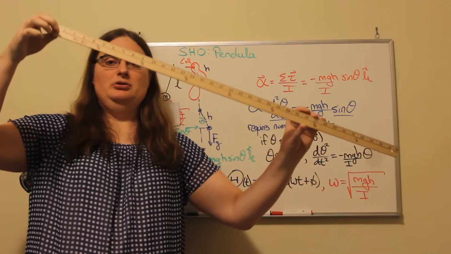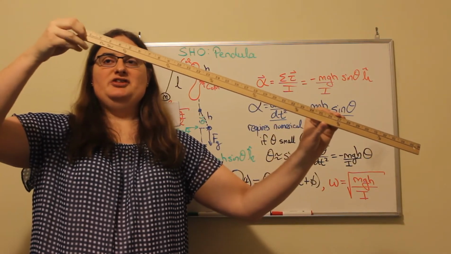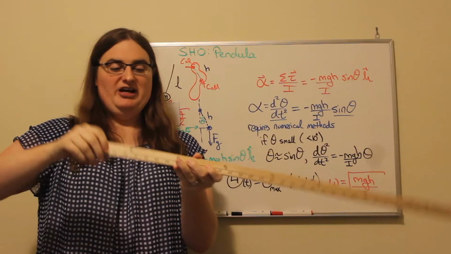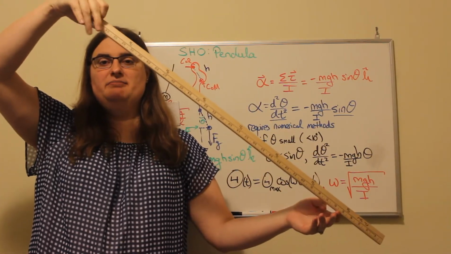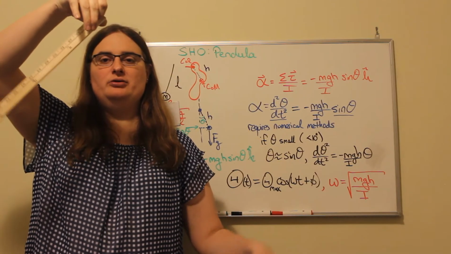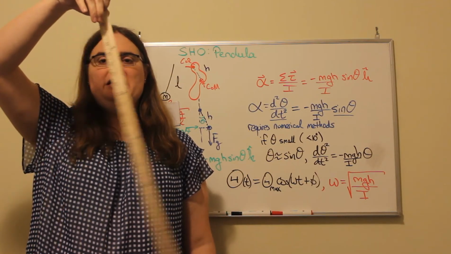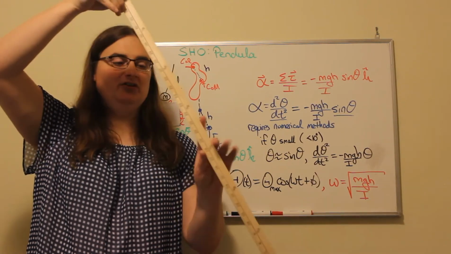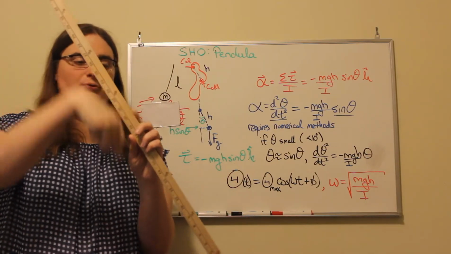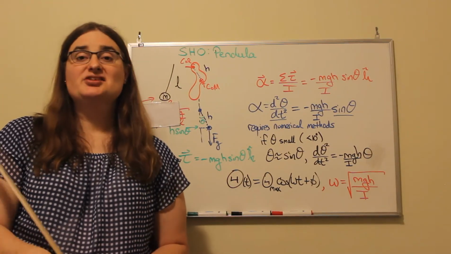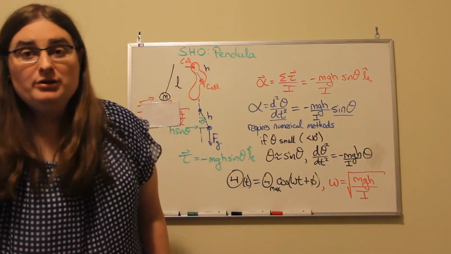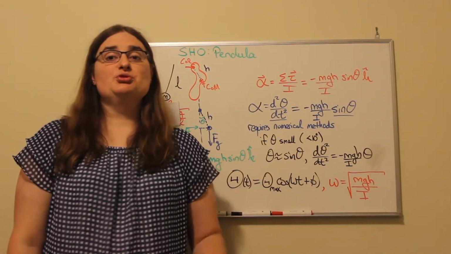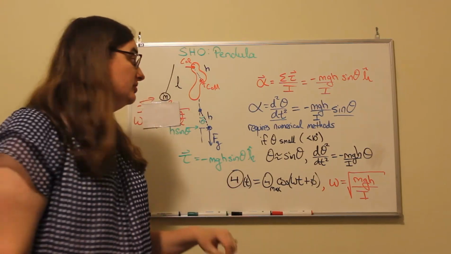An example of what we would call a physical pendulum would be if I suspend this from, say, this point in my right hand and let it go, it oscillates back and forth because gravity pulling from the center of mass creates a restoring torque, and that restoring torque is what is responsible for the oscillation.